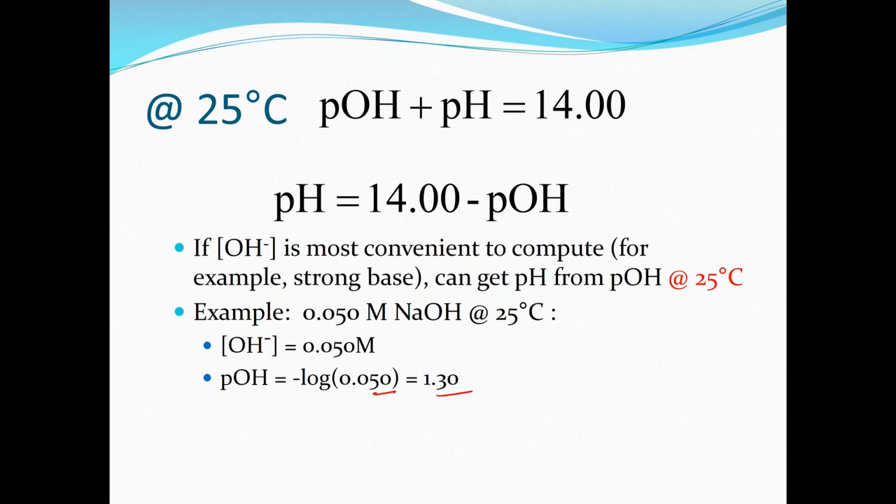We've got 2 sig figs in the concentration, so we're going to get 2 after the decimal place in the pOH. Plug that into our pH, and we're going to have 14.00 minus 1.30, which gives us the exact same pH that we got by going through the Kw and calculating it that way. And so it's a really convenient shorthand, but again, please remember, it has to be at 25 degrees Celsius if you're going to use this value of 14.00.